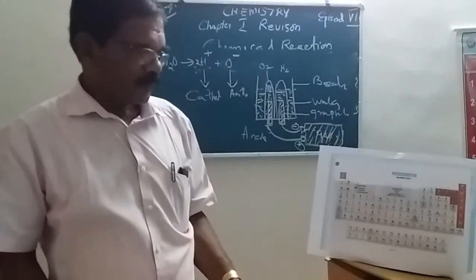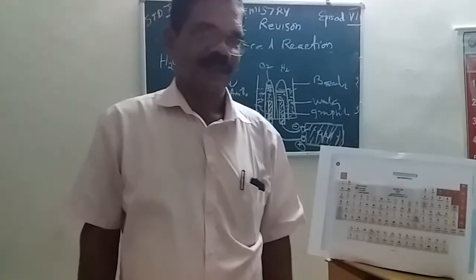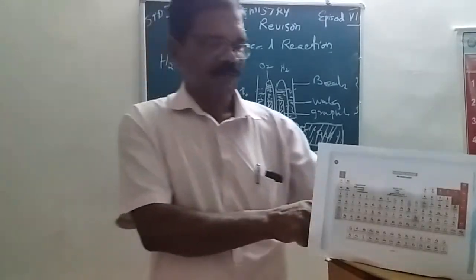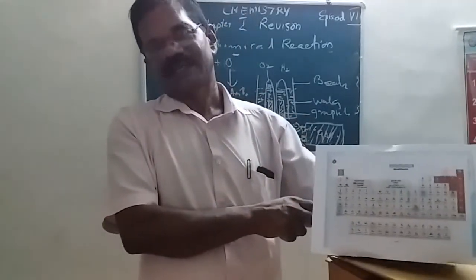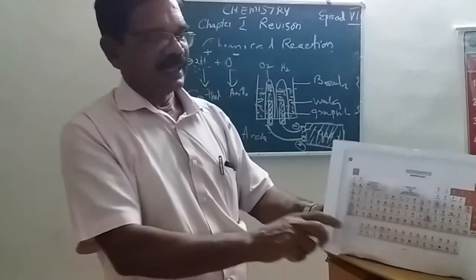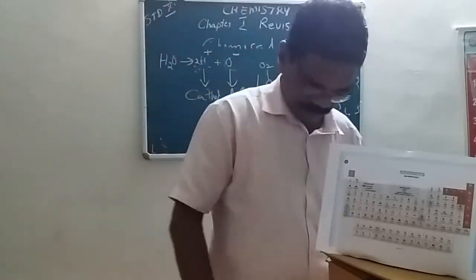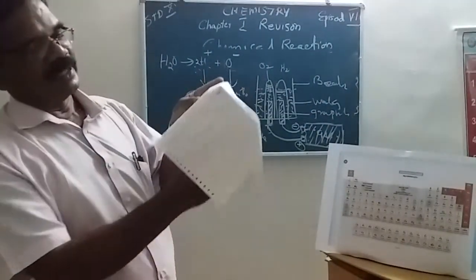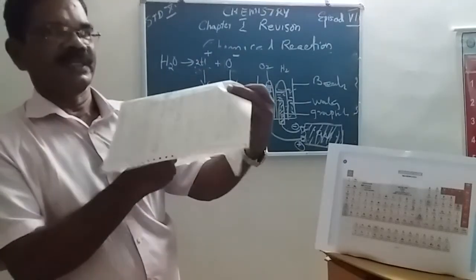First of all, you have to take a cardboard binder from an old notebook. The pages are removed and the binding is taken on one side, and a cardboard is cut and placed in between them.